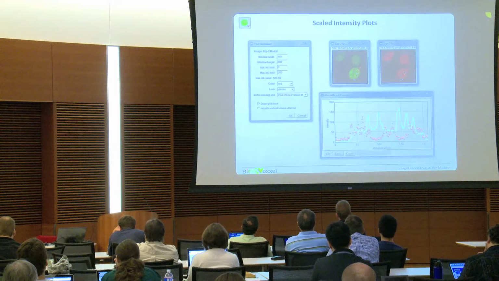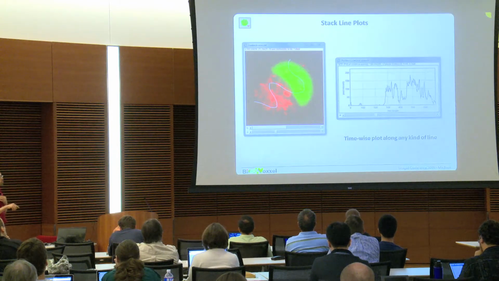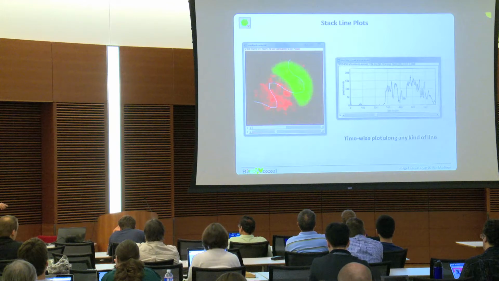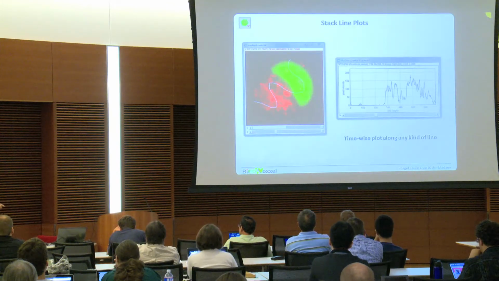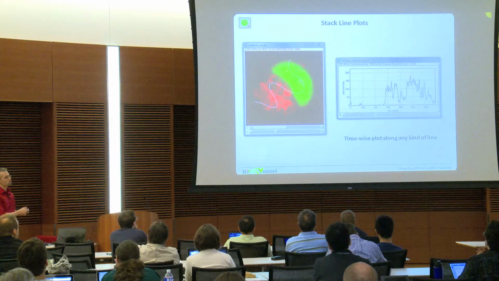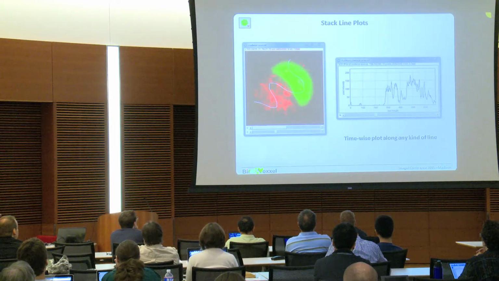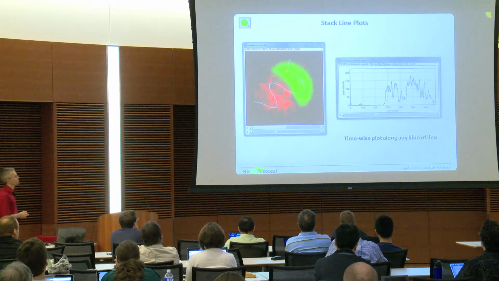Or you have a stack line plot where you can make any kind of line, freehand line, segmented line, straight line. If you have either a z-stack or a time stack, then you will plot along that stack, basically along the line, so you see the changes through your volume or the changes over time along that line. So that is a possibility as well.